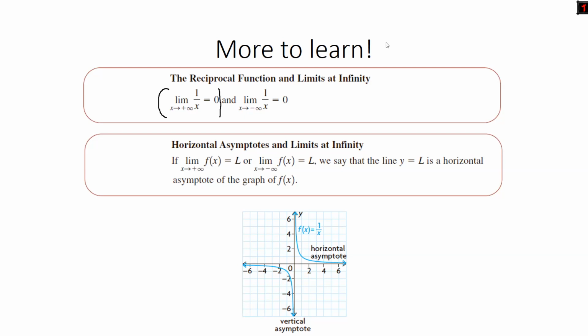Am I right? So you have to link this knowledge to the other one that says if the limit of a function is 0 as x travels to infinity, we're going to get a horizontal asymptote.